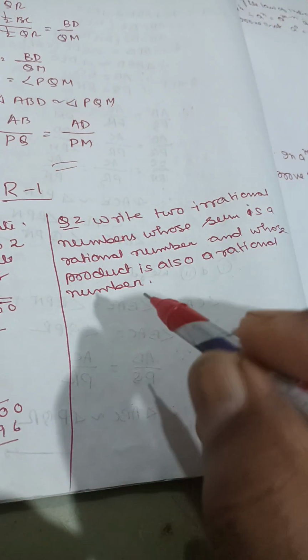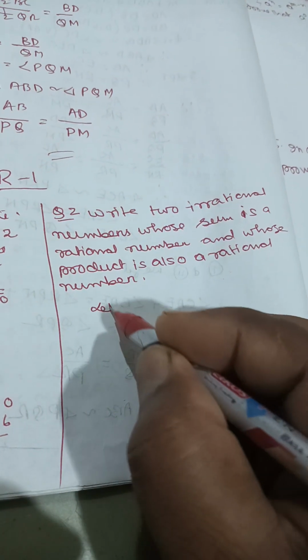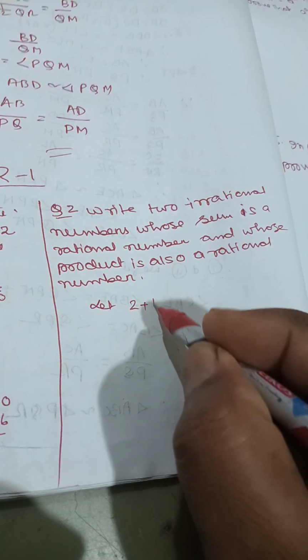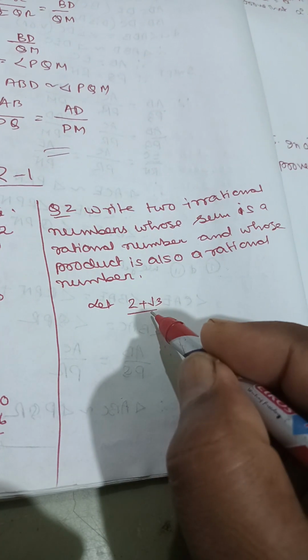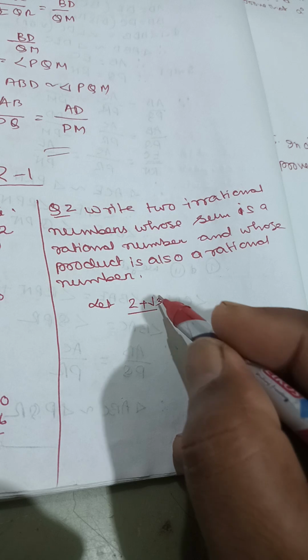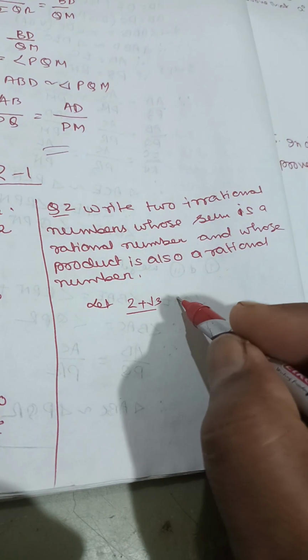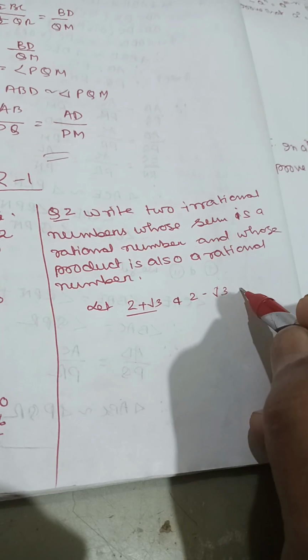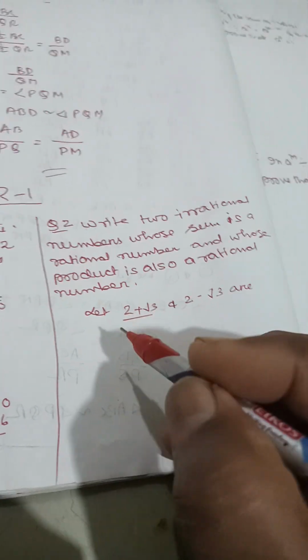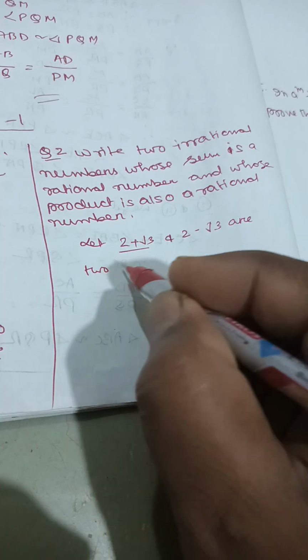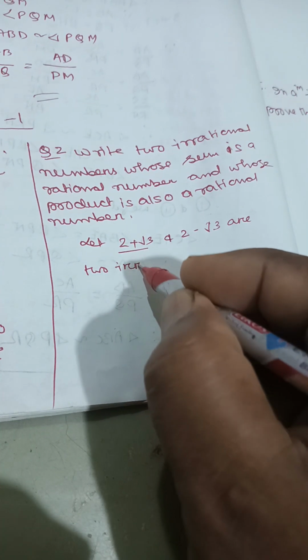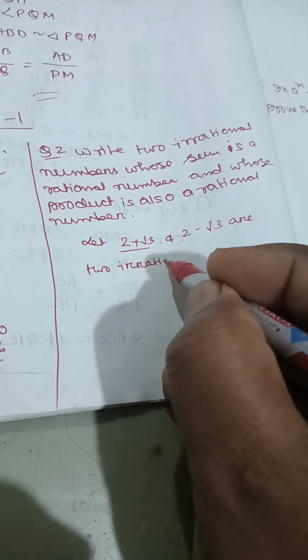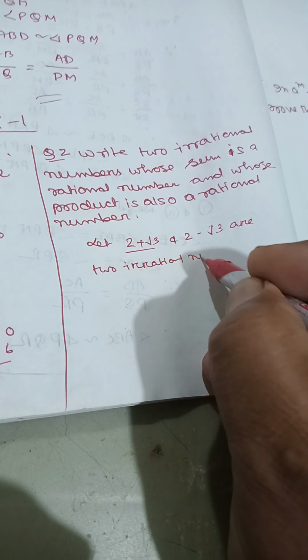So suppose you can write let 2 plus root 3. You see, this is an irrational number because here root 3 is there. And 2 minus root 3 are two irrational numbers.